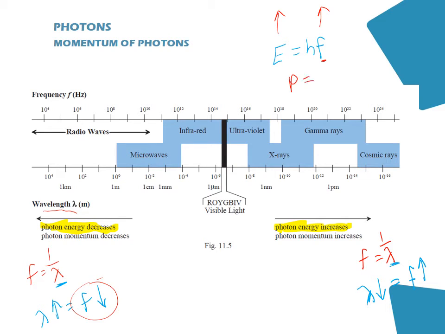Momentum was equal to, I've lied, it's not frequency, Planck's constant, h divided by wavelength. So it's inversely proportional to the length of the wavelength. That means momentum is going to increase as the wavelength gets tinier. And down the other end, with microwaves and radio waves, when we have a bigger wavelength, it's going to have less momentum.